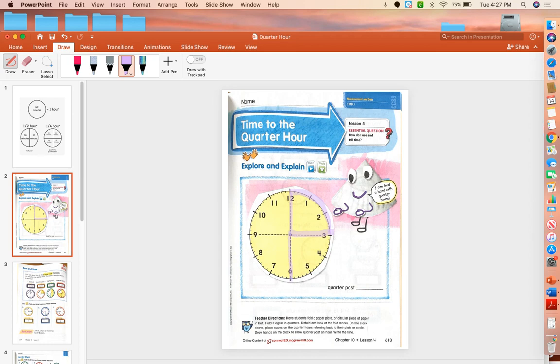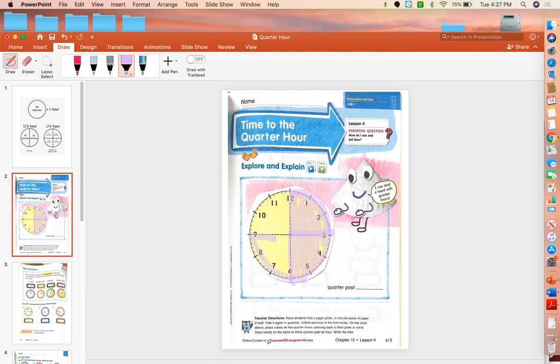Then we already know what happens here, right? When the minute hand goes past all of this whole side, it's going to be half past. So if the minute hand is pointing to the 6, it's going to be 30, also known as half past.